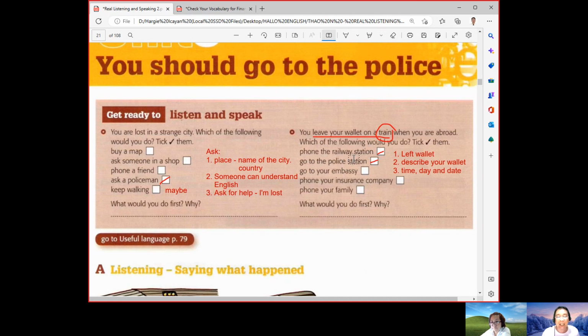If the railway station in charge couldn't find your wallet, that's the time that you should go to the police station and ask for help, so that they can make a blotter report. You have to report that to the police station and also describe your wallet. That would be the best thing to do.